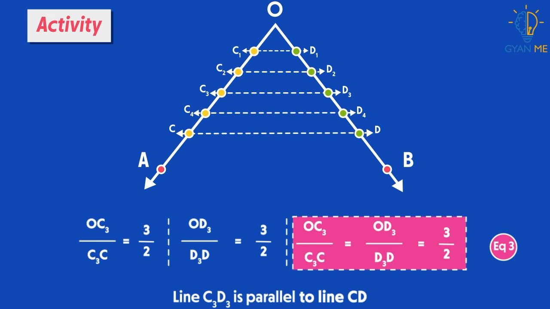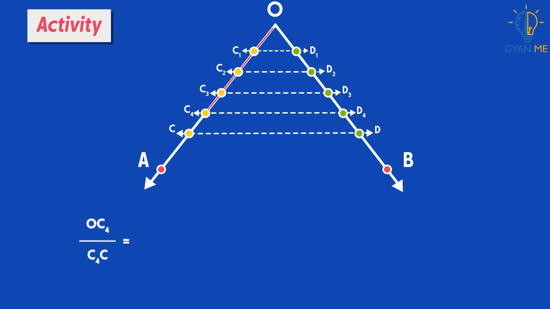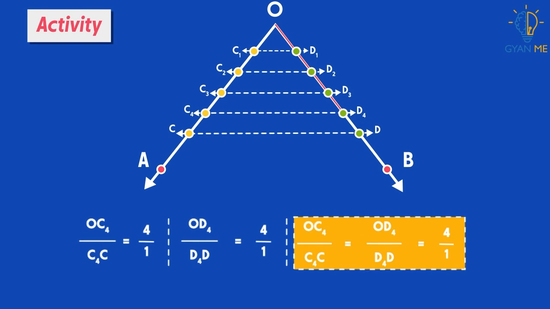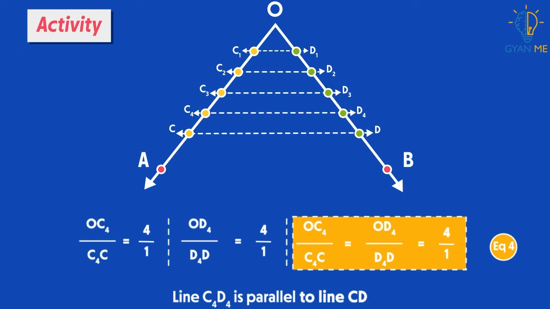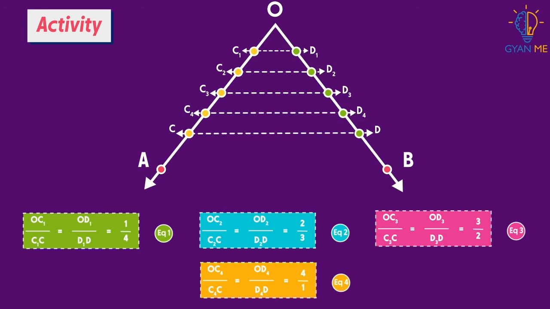Similarly, the ratio of OC4 and C4C is equal to the ratio of OD4 and D4D, which is nothing but 4/1. And line C4D4 is parallel to line CD. So students, from equations 1, 2, 3 and 4, we find that all lines, whether C1D1 or C2D2 or C3D3 or C4D4, are parallel to line CD.